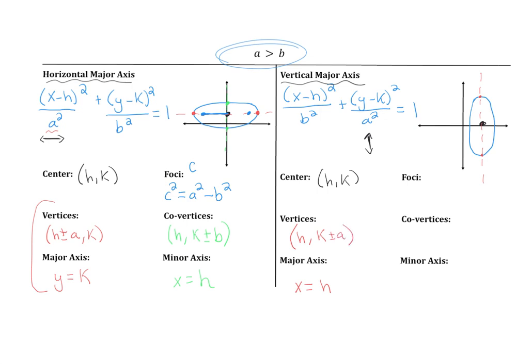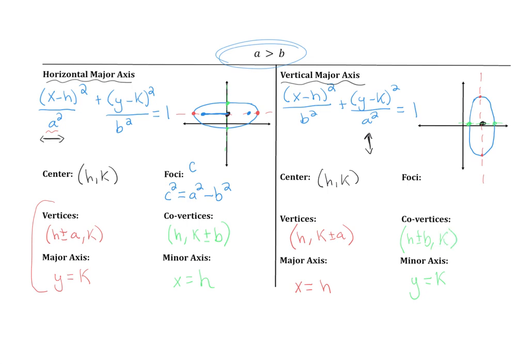And then the co-vertices and the minor axis will be going this way. So that minor axis is a horizontal line, y equals k. And then the co-vertices are (h plus or minus b, k).